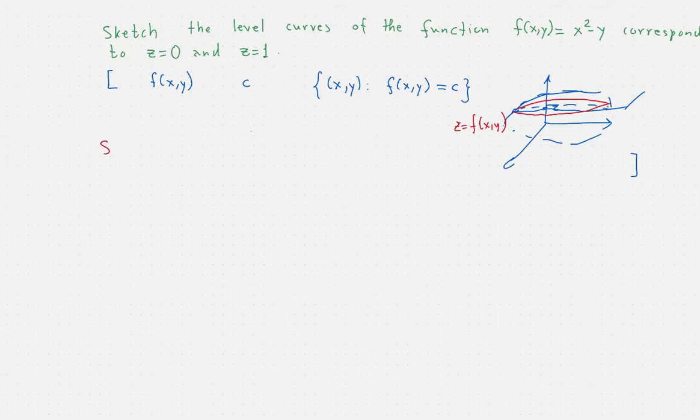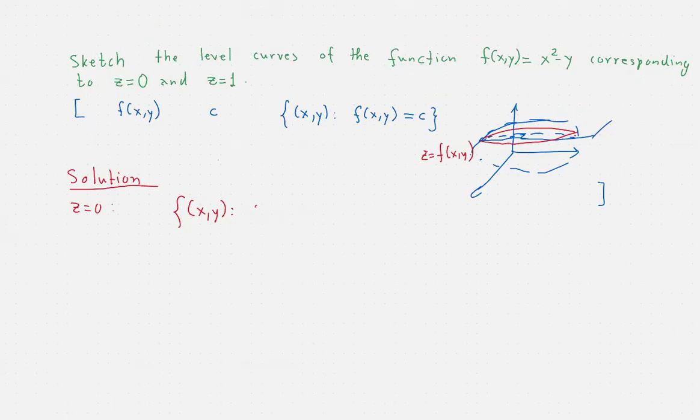So the first level curve for z equals 0 will be given by the set of all x,y's such that f of x,y, and we know what f of x,y is, it's x squared minus y, is equal to 0.